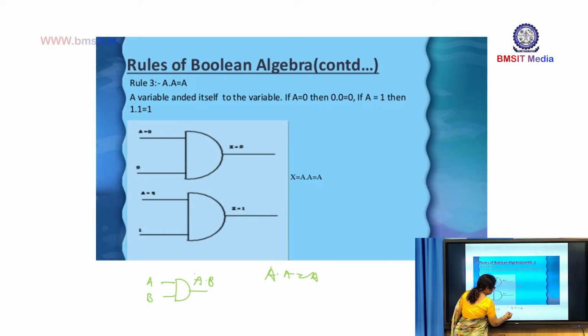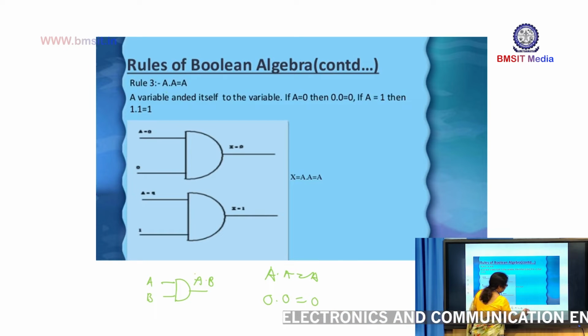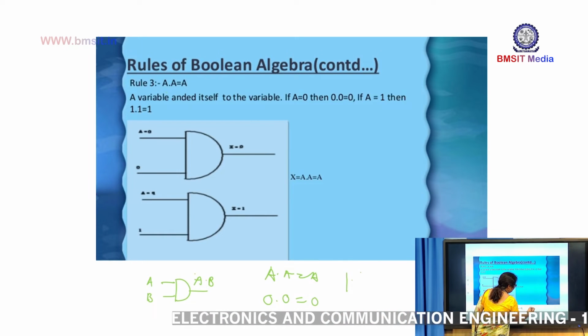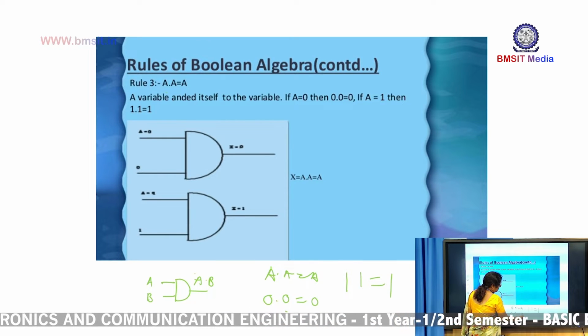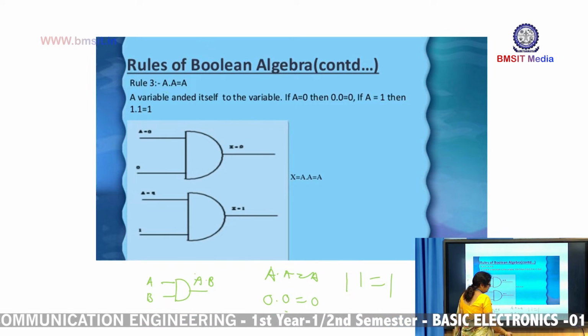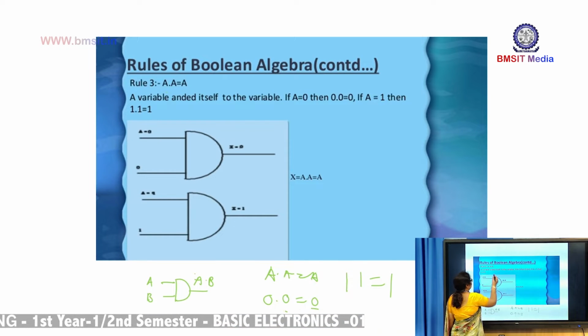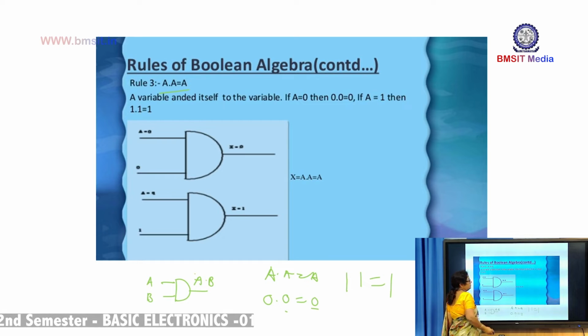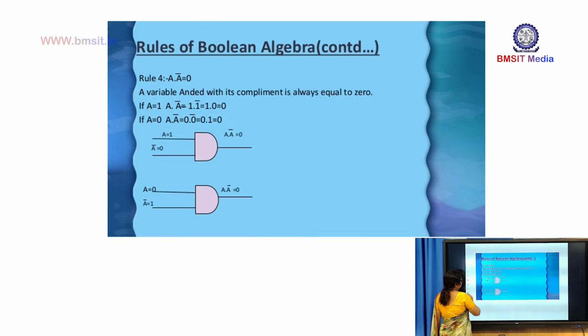Suppose A is equal to 0, this expression becomes 0 into 0, which is equal to 0 using the rules of multiplication. Suppose A equal to 1, in that case this expression becomes 1 into 1 equal to 1. So, in both the cases, the end result is equal to the variable itself. That is why we write A into A is equal to A. Clear? That is how we prove this.